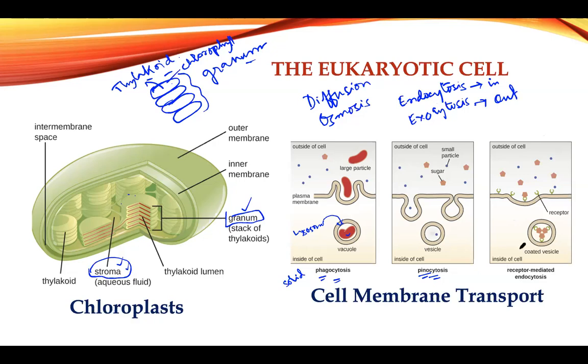So in this case, outside of the plasma membrane, we have receptors, okay? And all these receptors have different shapes. So any particle that needs to come in, that particle's shape needs to match with the receptor. If that receptor fits the particle, then the membrane allows the receptor to bring that particle inside.